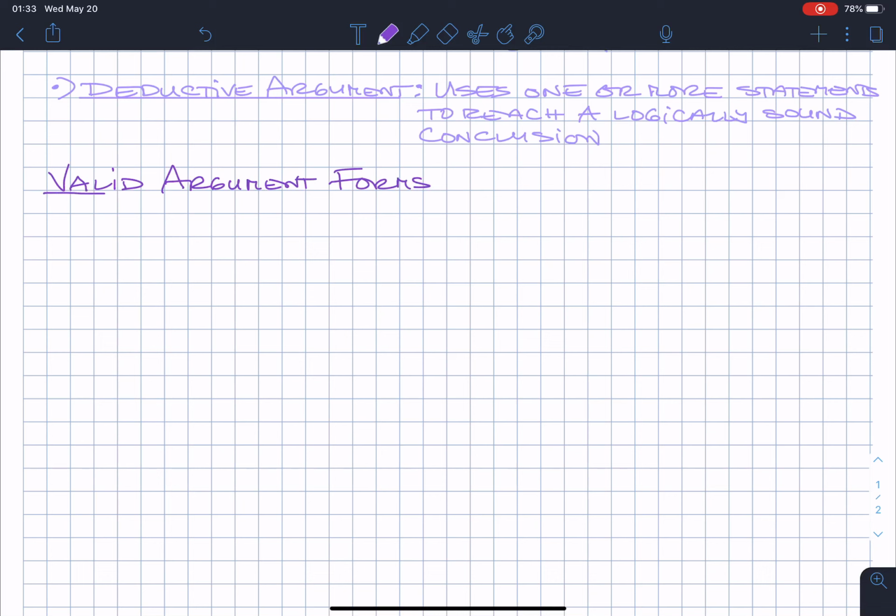So the valid argument forms are as follows. The first one is called modus ponens, which is the mode that affirms.